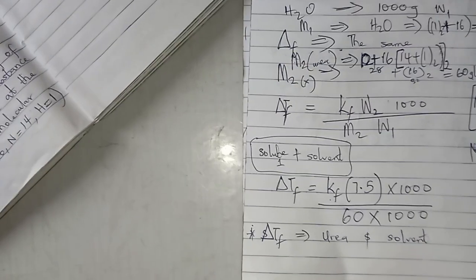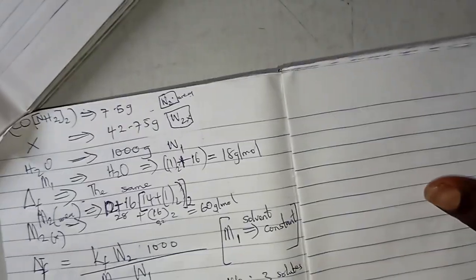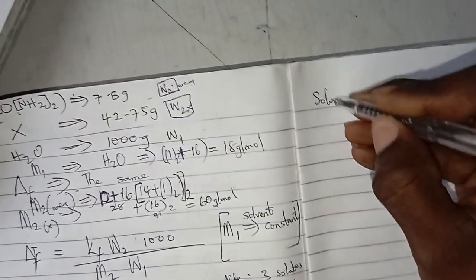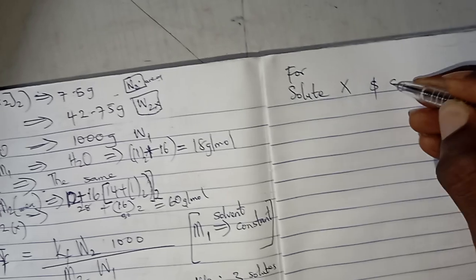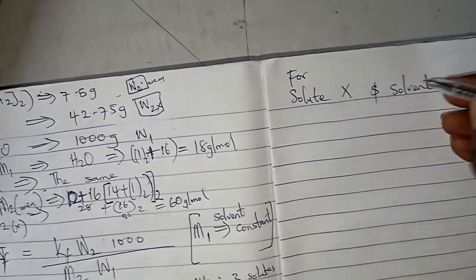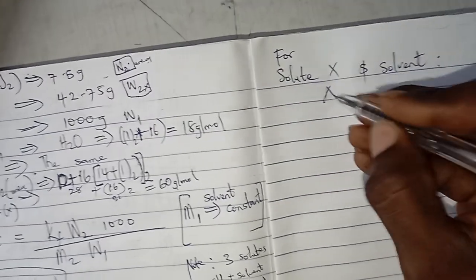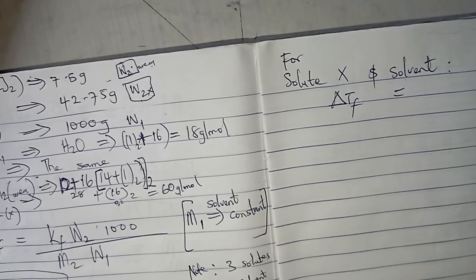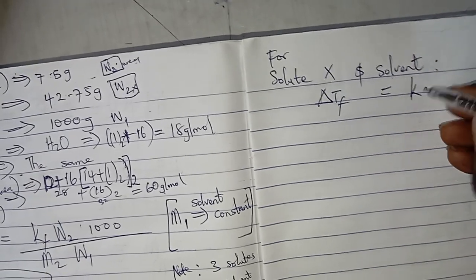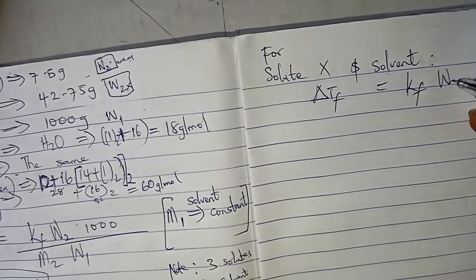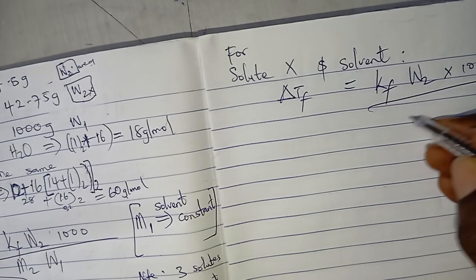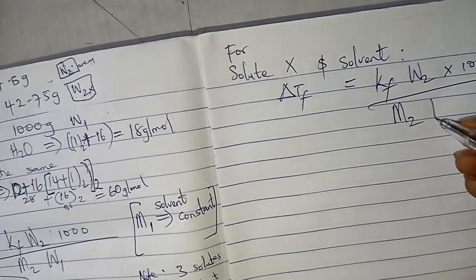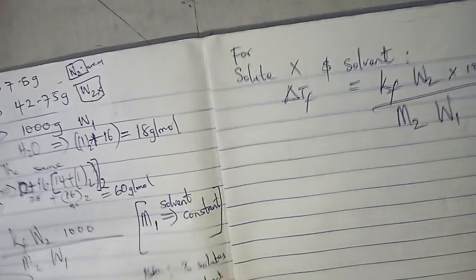Now let me get it for solute X, that is for solute X and solvent. I will apply the same formula, which is change in TF is equal to Kf W2 times 1000 all over M2 W1.